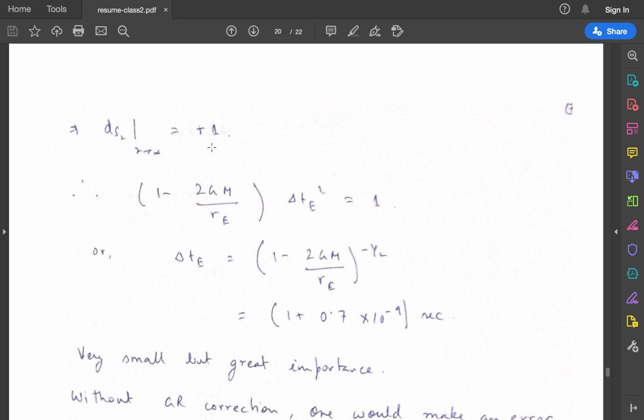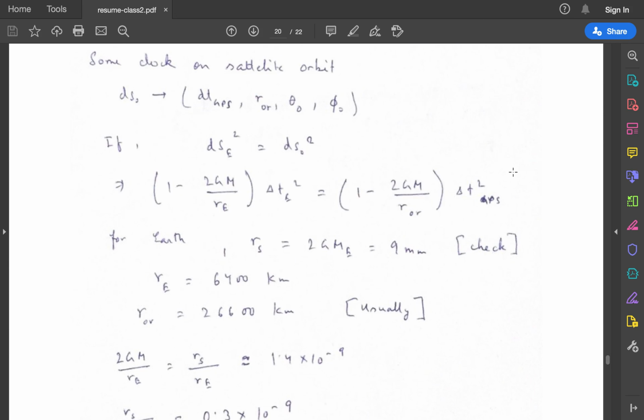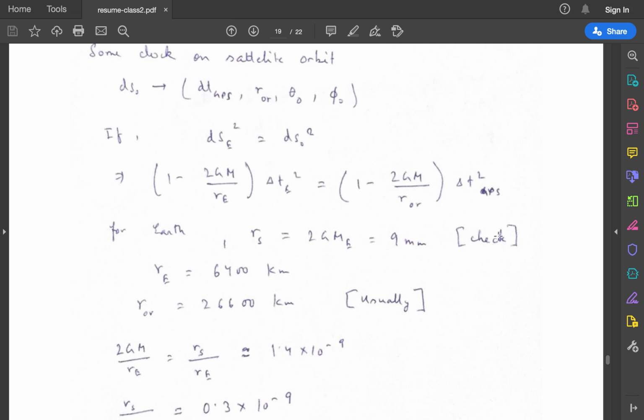That means this quantity is plus 1. If r goes to infinity, this becomes 1, and this is already taken to be the synchronized clock, which is 1. So this term on the right hand side becomes 1.